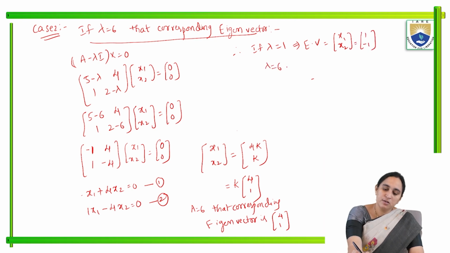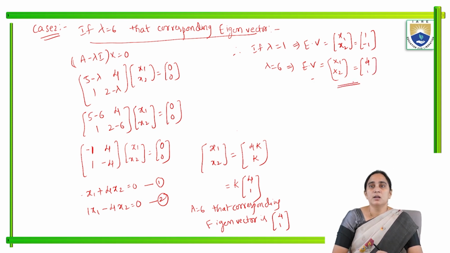If lambda is equal to 6, the corresponding eigenvector, x1, x2 is equal to 4, 1. Okay, this is the answer for the 2 by 2 matrix, the corresponding eigenvalues and eigenvectors. This is the concept for finding eigenvalues and eigenvectors for the 2 by 2.